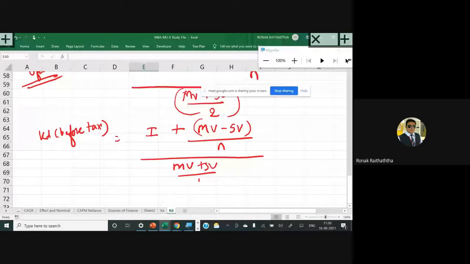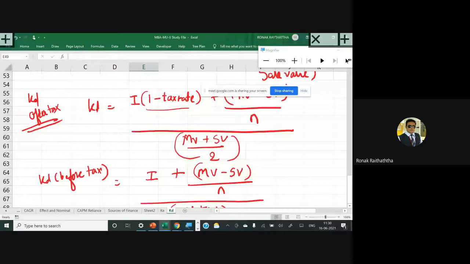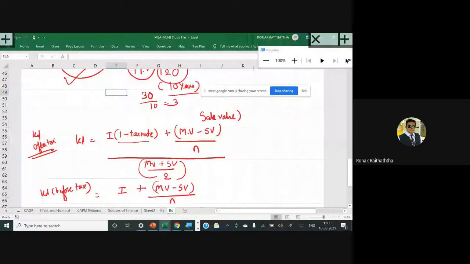So it is basically the average we have taken here in the denominator, the average of whatever money you have received and whatever money you will be paying. Take the average of it in the denominator. So that's before tax. Right? This is the case where the debentures are redeemable.